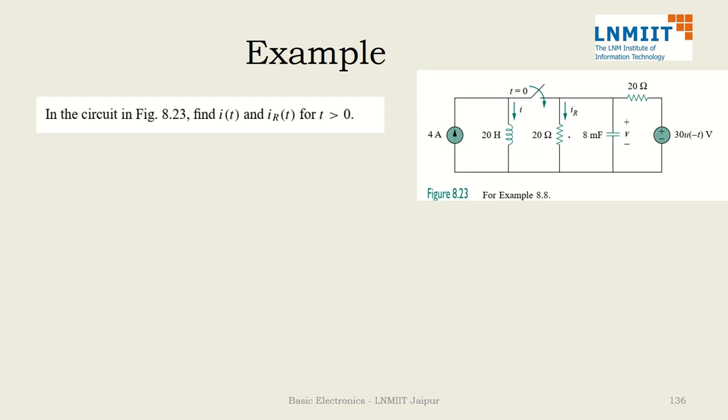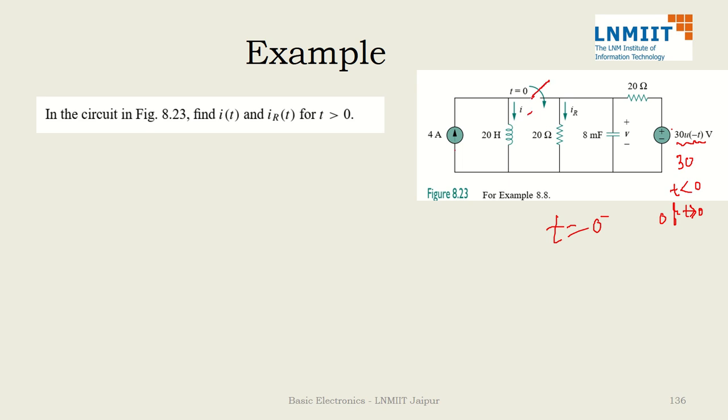So there is a circuit which is similar to this. Consider t equal to 0 minus. Look at this. This is 30 u of minus t. That means this voltage source is 30 for t less than 0 and it is 0 for t greater than 0. So for t less than 0, 30 volt is there. 4 ampere is there. This is open.